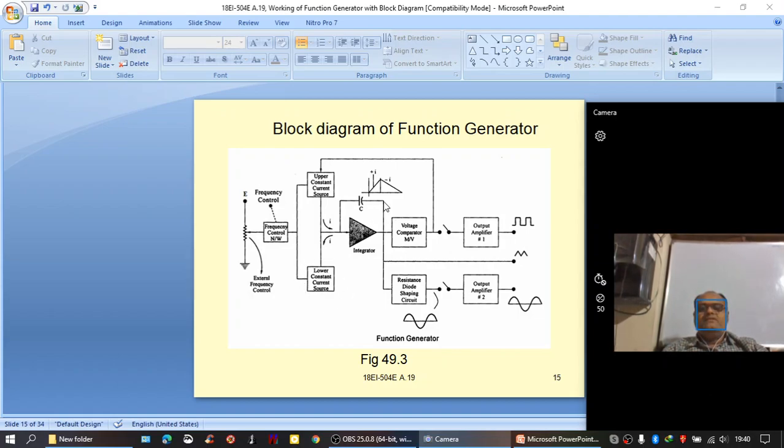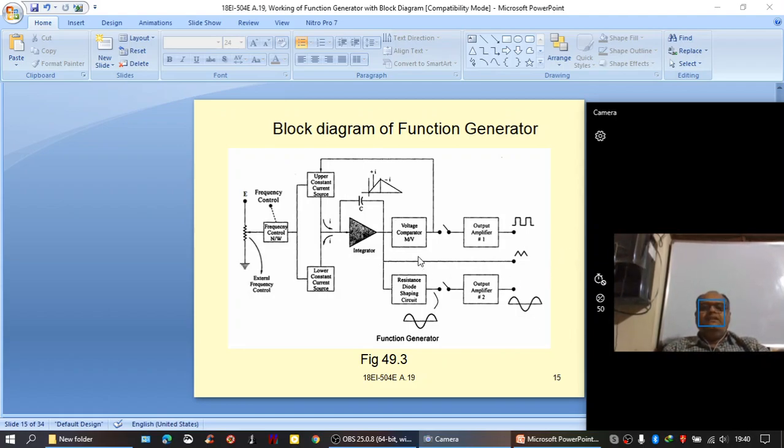Now the capacitor starts discharging in the negative portion of its second cycle. That is how continuously the voltage on the capacitor will increase and decrease, thus producing a triangular waveform.